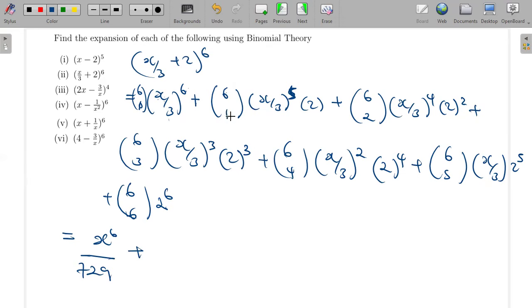Plus, then 6 choose 1 is 6. And then you have x. So there I have x raised to the power of 5. So x to the power of 5, and then you have 3 raised to the power of 5, which is just going to give you 243.